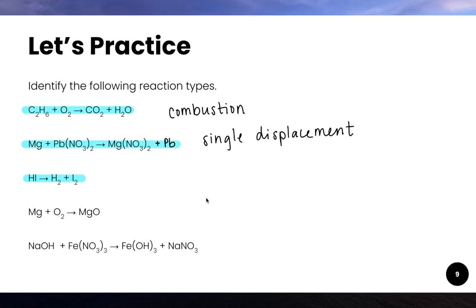This is a decomposition reaction. Here we have a combination reaction. And now this is double displacement.